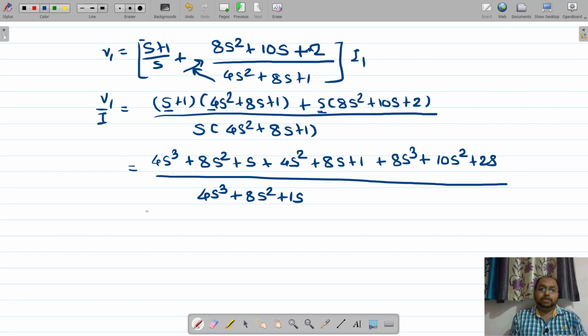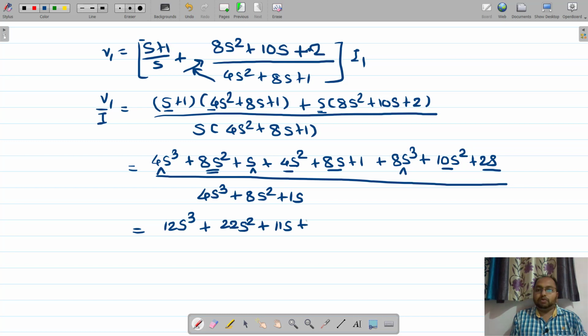Okay, now let us simplify this. Check out S cube terms. So there are two S cube terms. So 8 plus 4, it is becoming 12 S cube plus, how about S square? So 8 plus 4 is 12, 12 plus 10, 22 S square. So 22 S square plus, what about S? So 1, 1 plus 8, 9, 9 plus 2, 11. 11, yes.